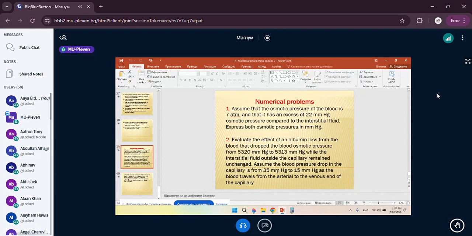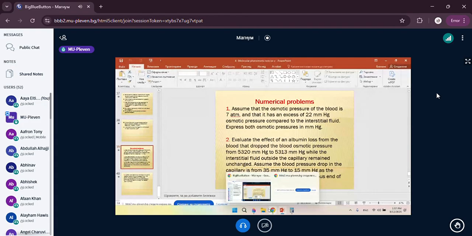And in the next problem, which is about the albumin loss, those values of hydrostatic pressures are given. 35 millimeters in the upper end, in the arterial end, and 15 millimeters in the venous end. And that hydrostatic pressure is directed upward because as blood flows through the vessels, it tends to expand them, so to apply pressure outwardly.